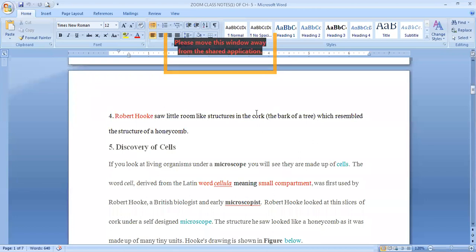Bark of a tree. Cork means bark of a tree. So Robert Hooke took a bark of a tree and observed it under a microscope. And the microscope was also self-made, means it was made by Robert Hooke.